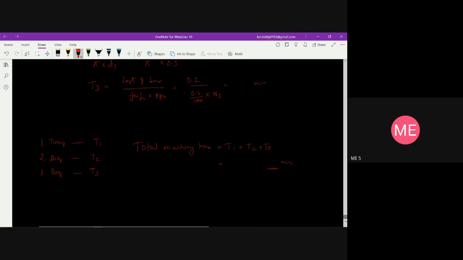Suppose the material cost of everything is given, say for example, we take one more example on this. Say I have a component like this. This is a cylindrical bar which is given.